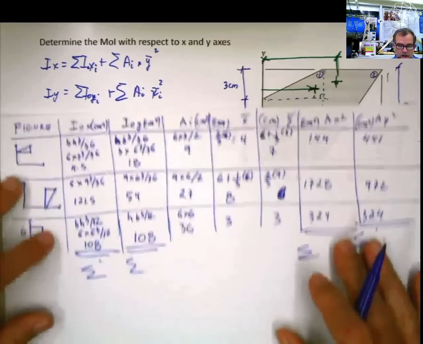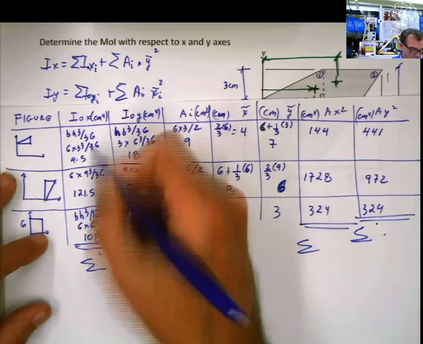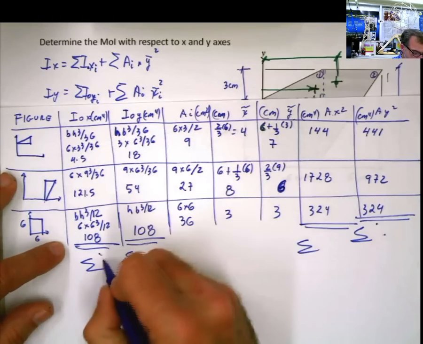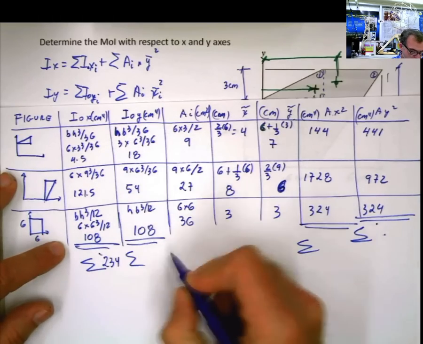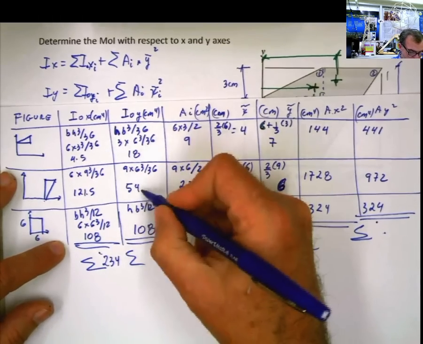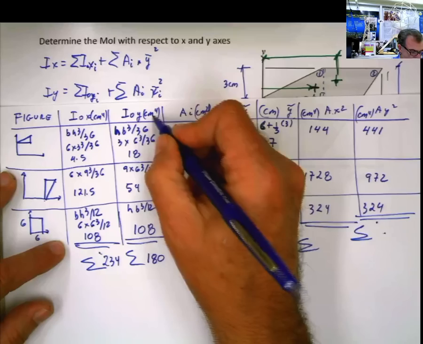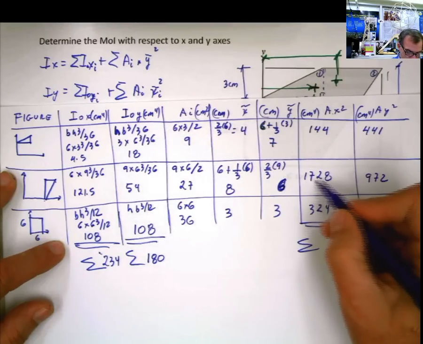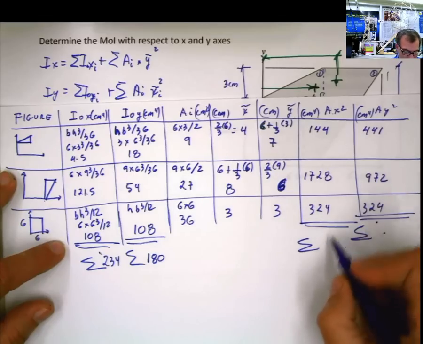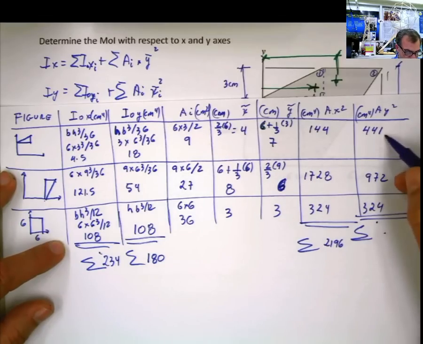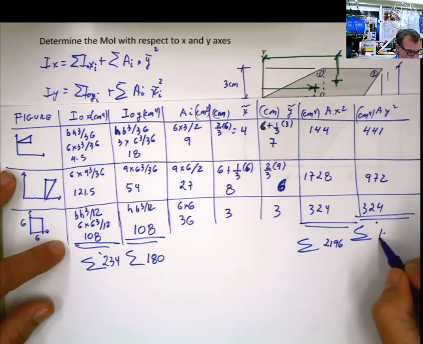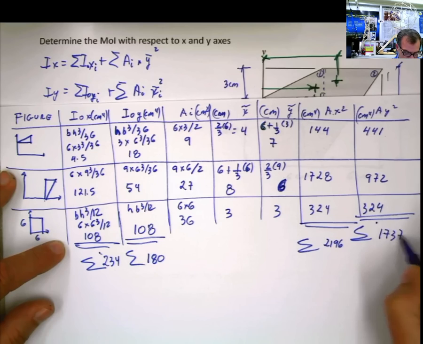So let's do that. When I add all of these here, this is going to be 234. This is 108 plus 54 plus 18. That's 180. Units are here. 1728 plus 144 plus 324. 2196. And then 441 plus 972 plus 324. This is 1737.